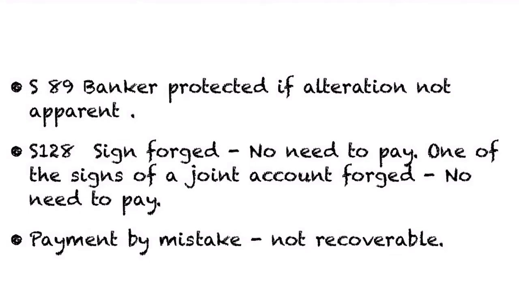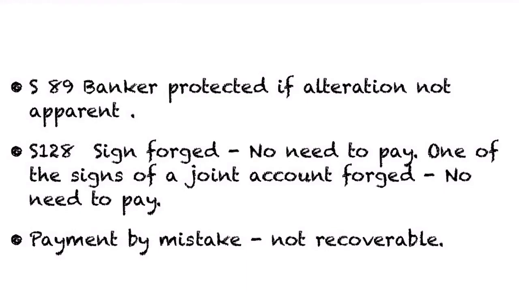Say, for example, a check is drawn for 5,000. He placed a 6 in front of it and 60 in front of the words, making it 65,000. If you can't observe that, because it is done in such a proper way, then we don't need to bother, we can pay. But if the alteration is very clear, even a child can identify it, then you should not pay.